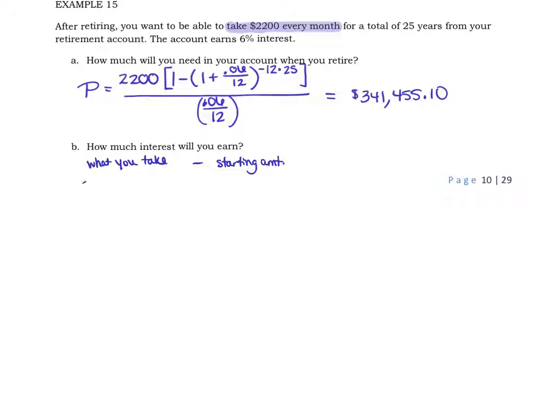So what you're going to take is $2,200 every month for 25 years. If you subtract that starting amount, what was sitting in your account on the day you retired, you will find out that you earned, even after starting to withdraw, $318,544.90 in interest.